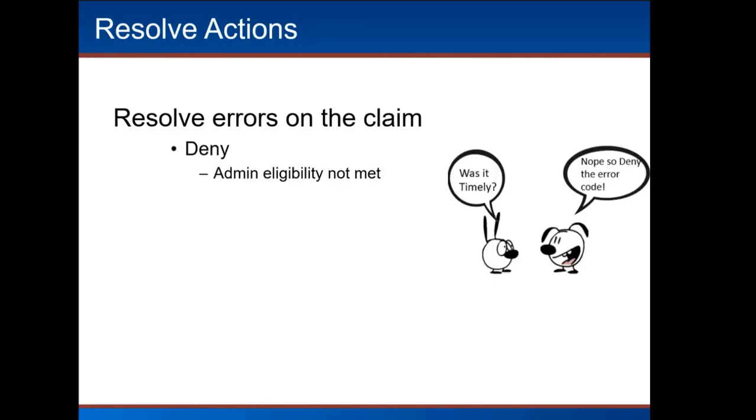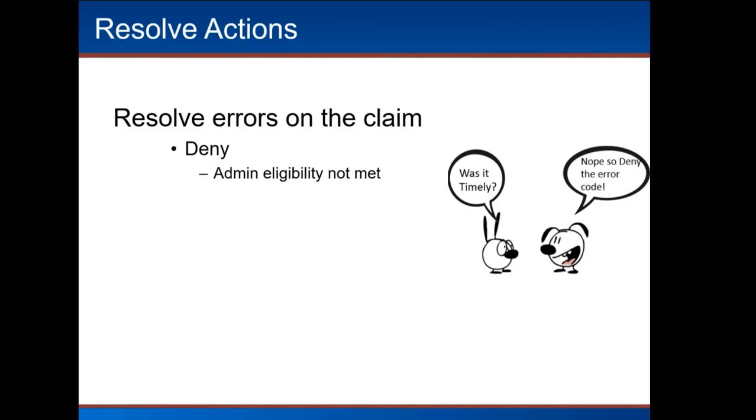How and when to resolve an ambulance claim. Once OCC has completed all actions necessary on an event, the clinical review, the auth creation, the individual claims for that event are ready to be resolved. Resolve actions include the following. Deny. It's used when some part of administrative eligibility is not met.